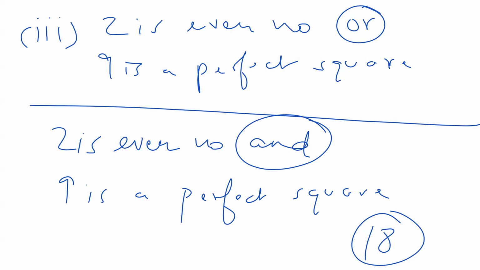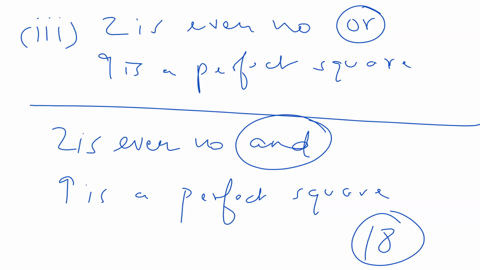Go to exercise 1.7. Homework, because you know the rules of negation, of duality. 1.7 is homework.